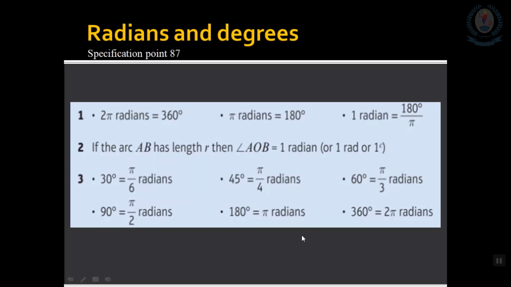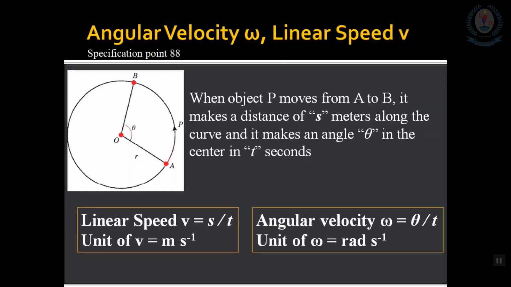Now we'll look at the first topic, angular velocity and linear speed. When this object P moves from A to B, it's not moving normally, it's moving in a circular way. It makes a distance of s meters along the curve.